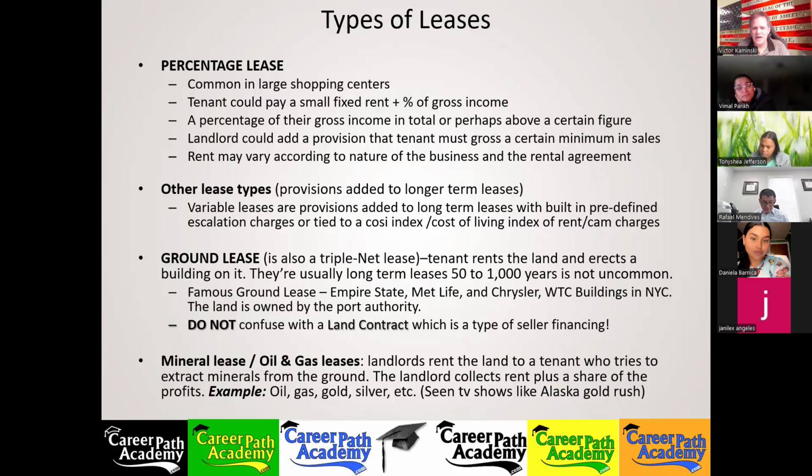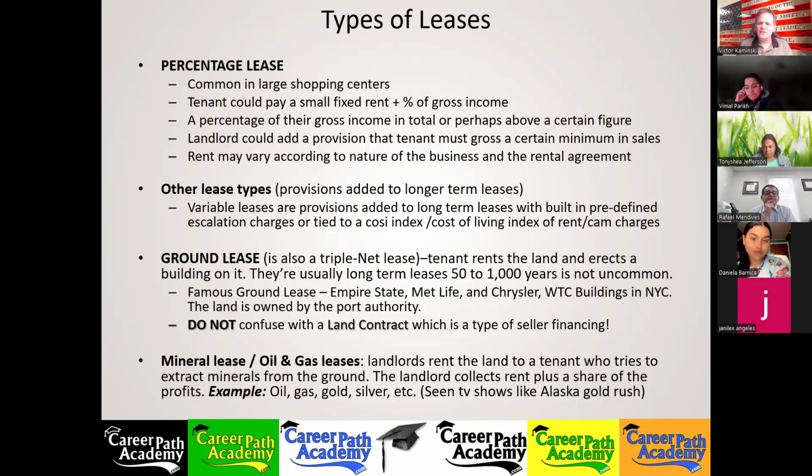It is not uncommon for ground leases to be 50 to 1,000 years. 1,000 years? Who lives to be 1,000? Nobody. However, you could have some sort of a fund or a business or something that could live for a long time, right? The people die, but the businesses live on, right?